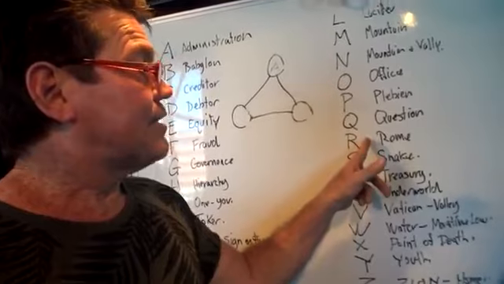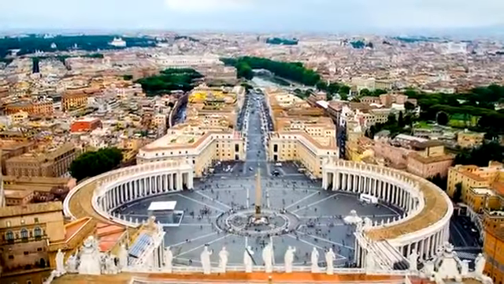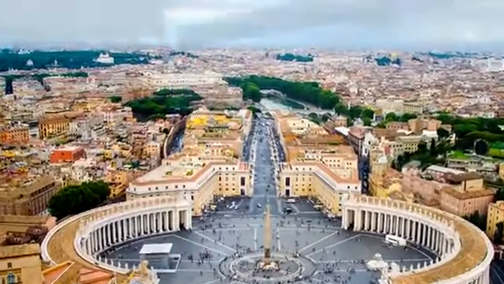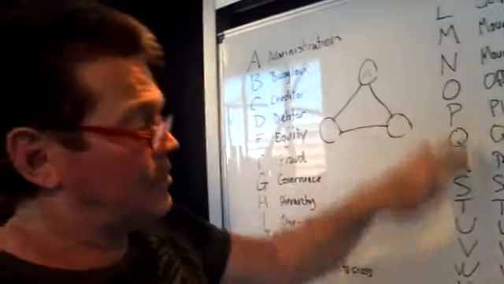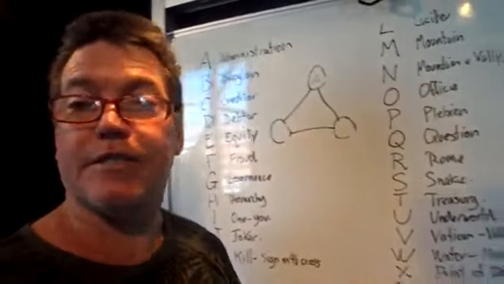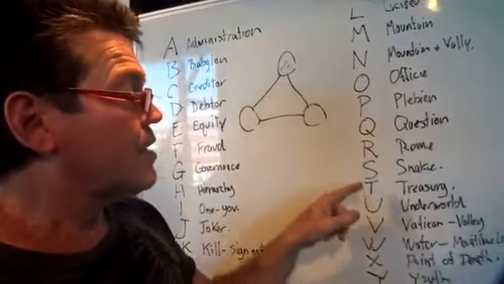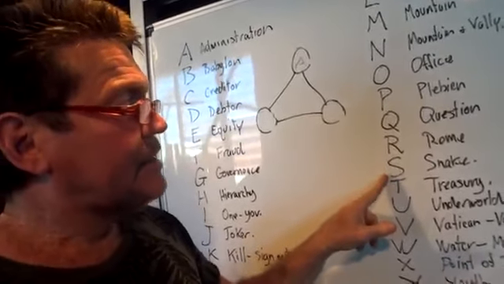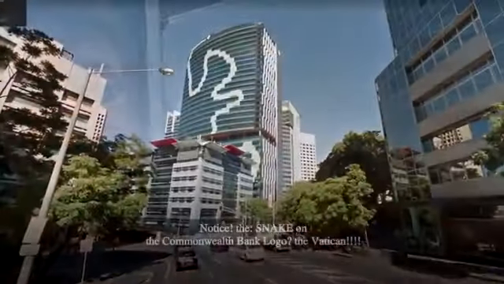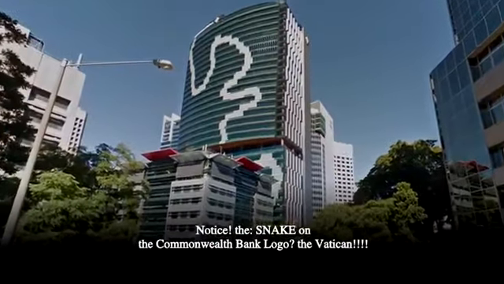S, the snake. We've got Rome, which is the copyright owner of this system. Rome also owns these symbols. That's Rome. That belongs to Rome. S is the snake. It just looks like a snake. You'll probably know the snake. He's in the Garden of Eden.